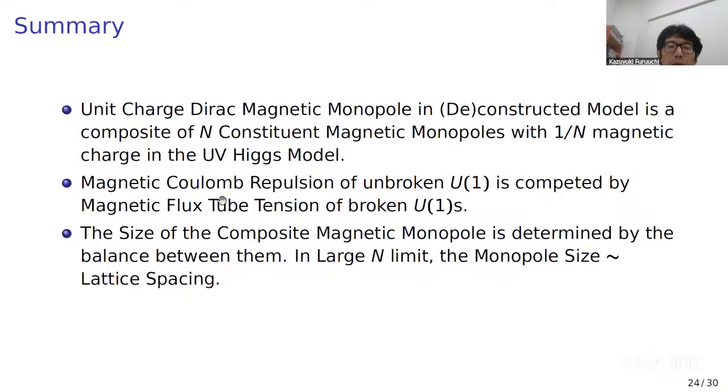The magnetic Coulomb repulsion of the unbroken U1 is competed by the magnetic flux tube tension of the broken U1s. The size of the composite magnetic monopole is determined by the balance between them. The large n or continuum limit is around the order of the lattice spacing.